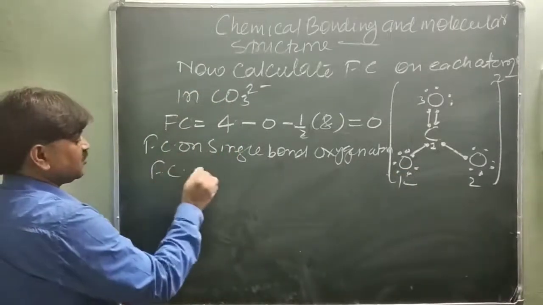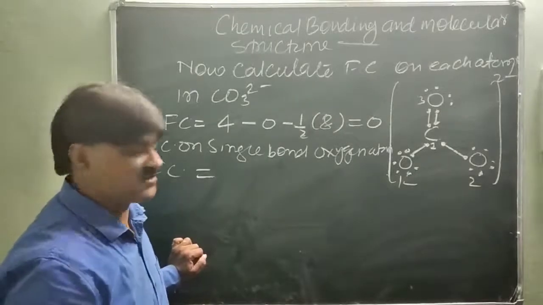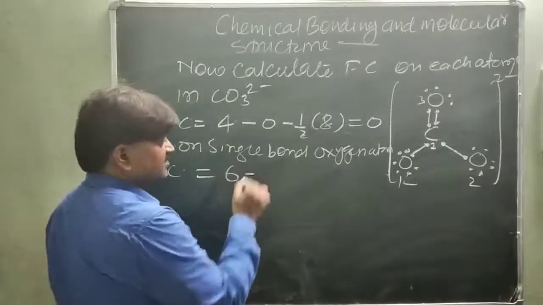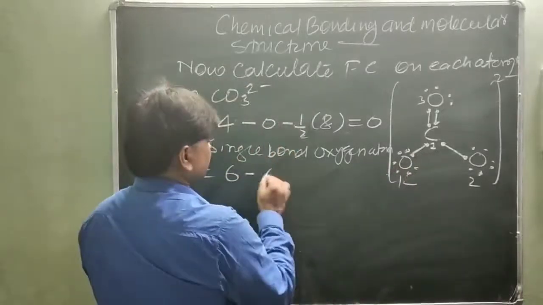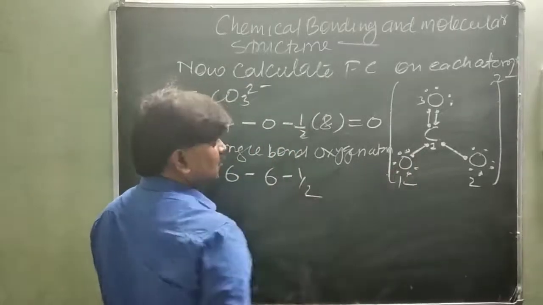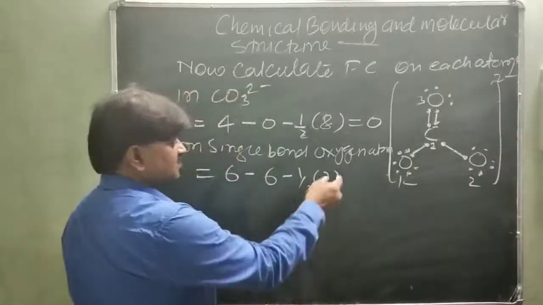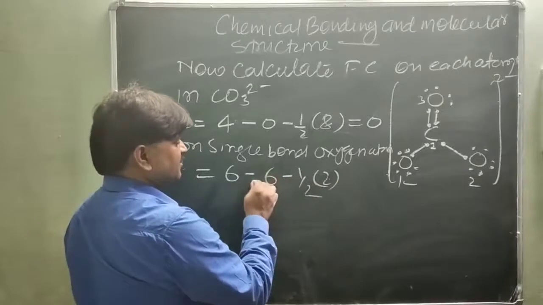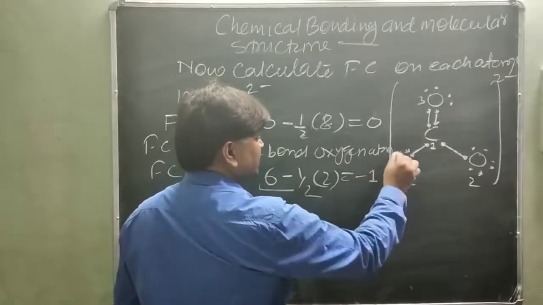Formal charge is equal to the number of valence electrons. You know how many valence electrons are in an oxygen atom? 6. Minus the number of lone pair electrons, 2, 4, 6. Minus half into the total number of bonding electrons, this is 2. So the 2 cancels: minus 1, minus 6, minus 7, and plus 6. This is a minus 1 charge present on this oxygen.